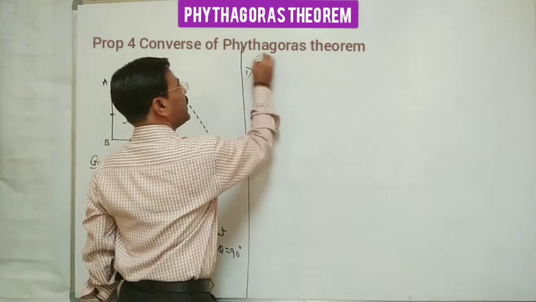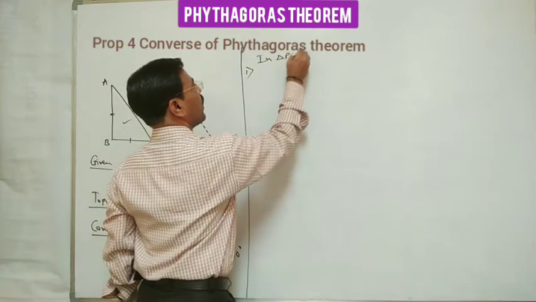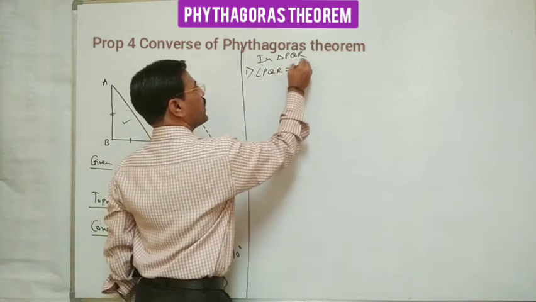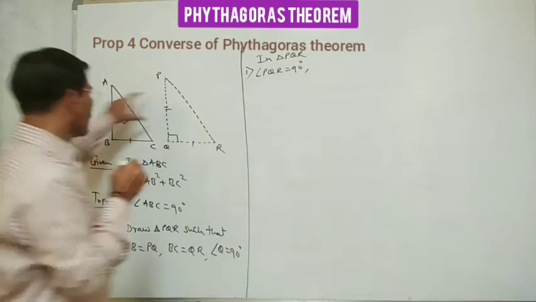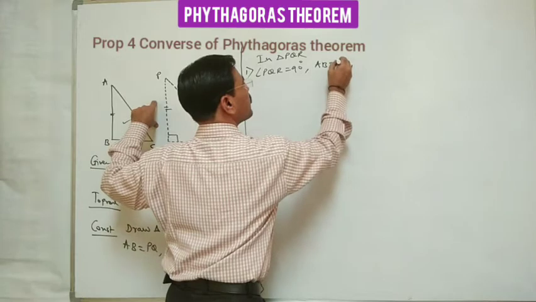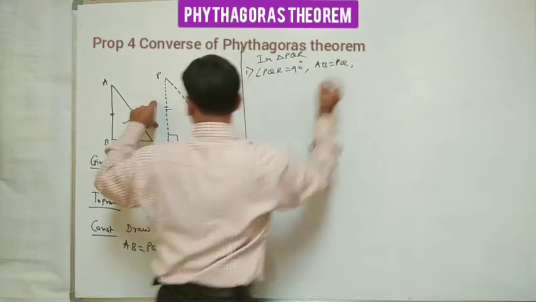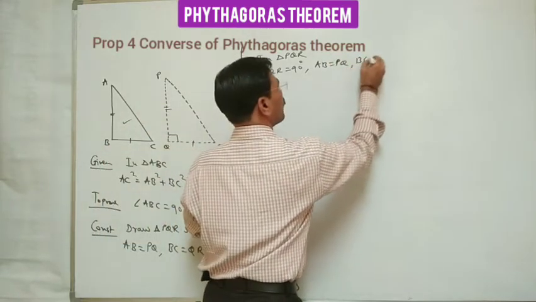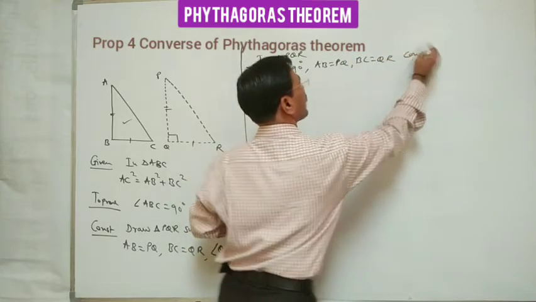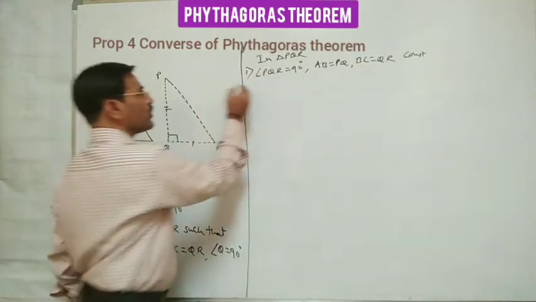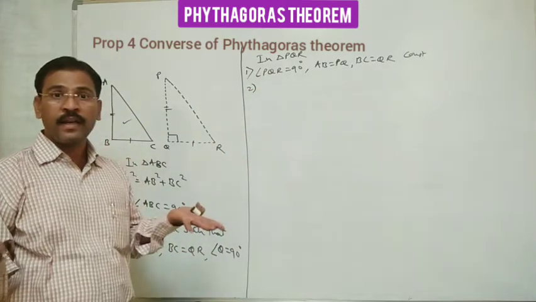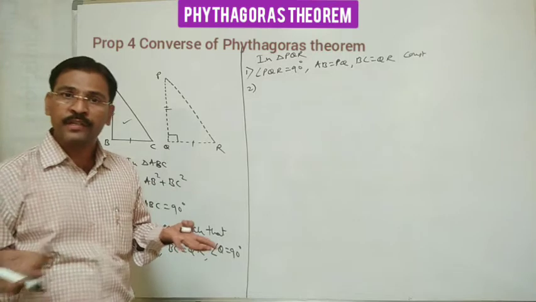In triangle PQR, angle PQR equal to 90, AB equal to PQ, and BC equal to QR. This is the construction. Because of this, the triangle PQR becomes a right angle, so we may apply Pythagoras here.